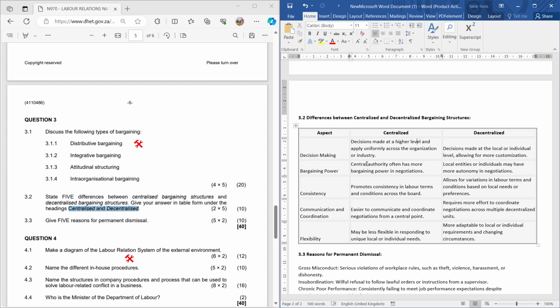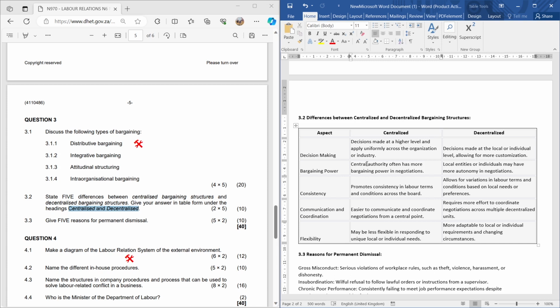This is the type of bargaining structure that you would use when you are maybe negotiating with a company for a very long period. You understand?